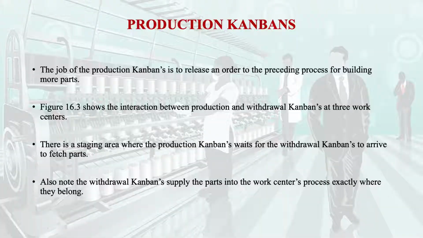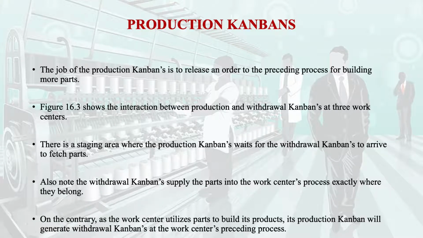Now suppose work center A needs a certain part. What will they do? They will ask their preceding work center to get that particular part so that they can start the production Kanban. So they will go for the withdrawal Kanban. Also note that the withdrawal Kanban supplies the parts into the work center's process exactly where they belong.